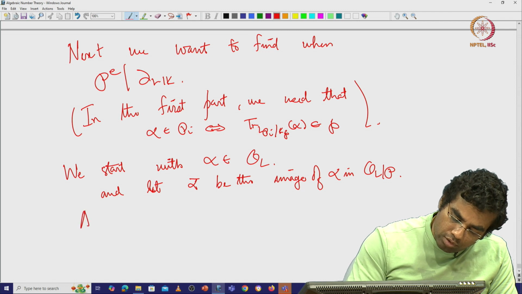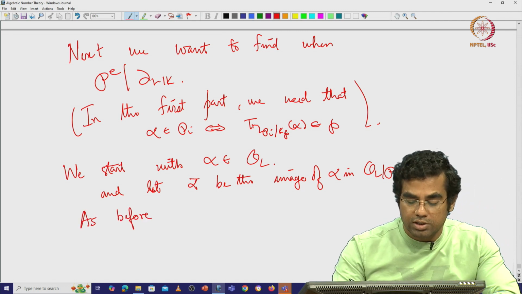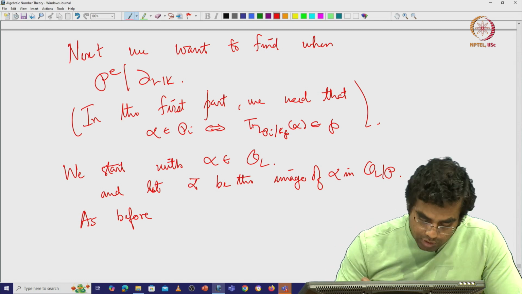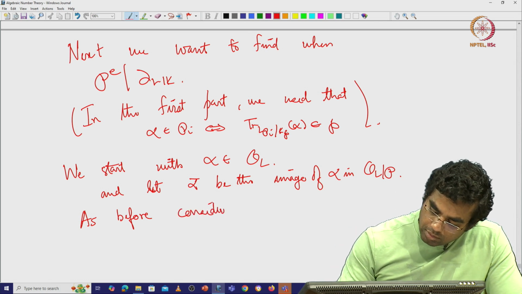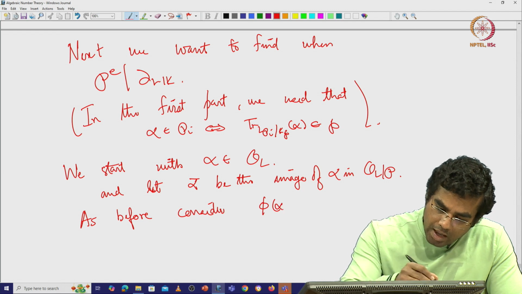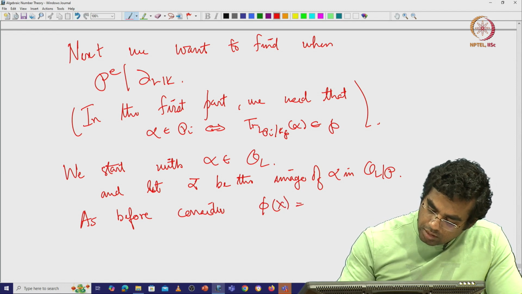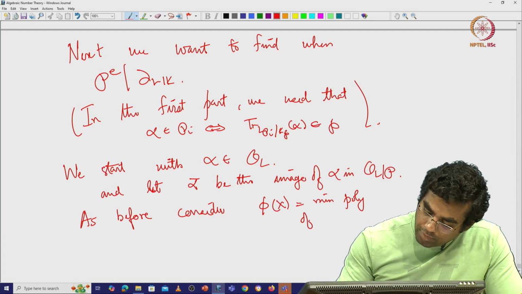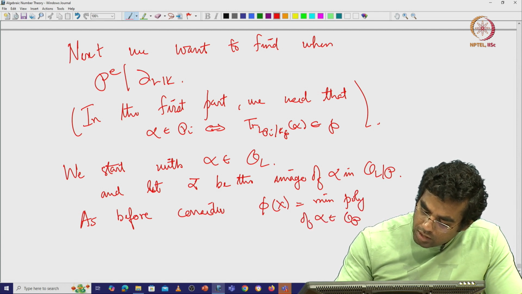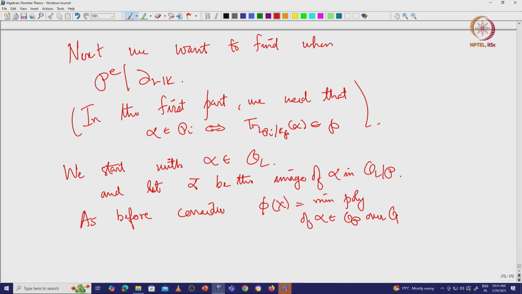And as before, there is a lot of repetition in all these proofs, so I am not recalling the notation again and again. Consider phi of x equal to the minimal polynomial of alpha in O_P over O_p.